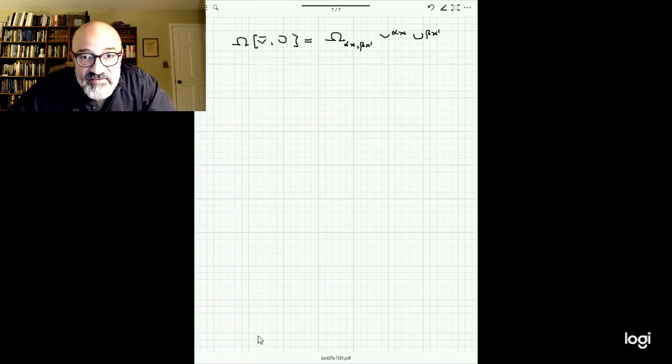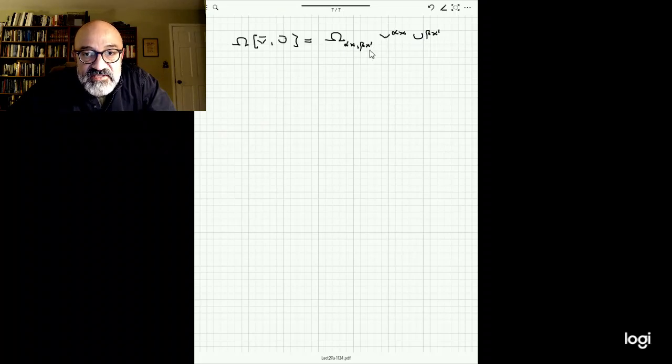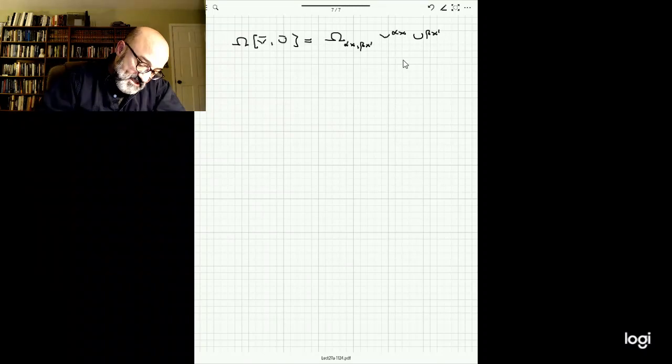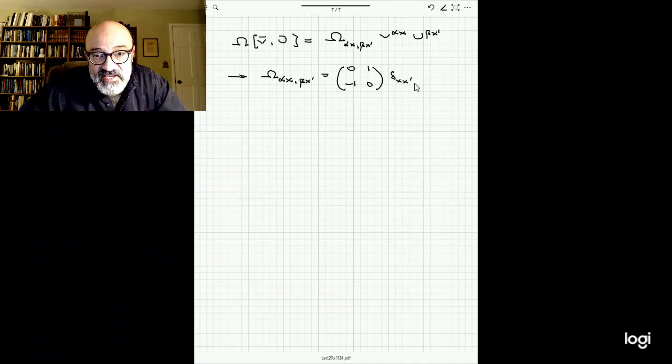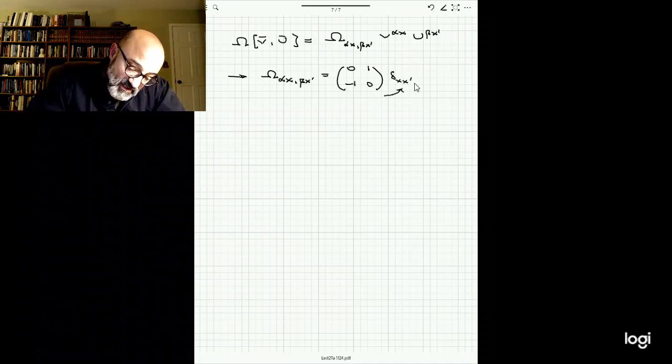Here again I'm summing over the alphas, summing over the betas, integrating over x, integrating over x prime, and this gives the components of our symplectic form. A symplectic form is going to have a standard form with deltas, where previously we had a Kronecker delta, now we have a Dirac delta.